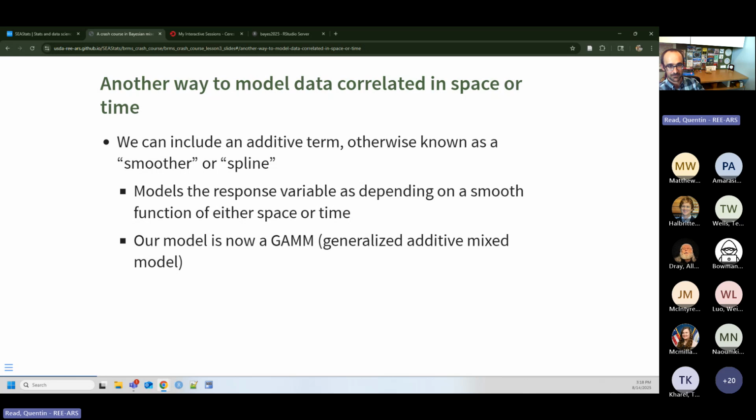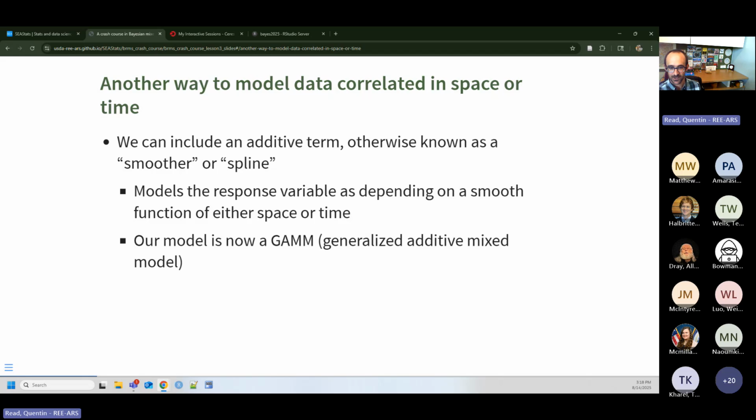It models the response variable as a smooth function of space and time. We've sort of left the world of GLMM behind, and we're now in the world of GAMMs, a generalized additive mixed model. We'll talk about that more.